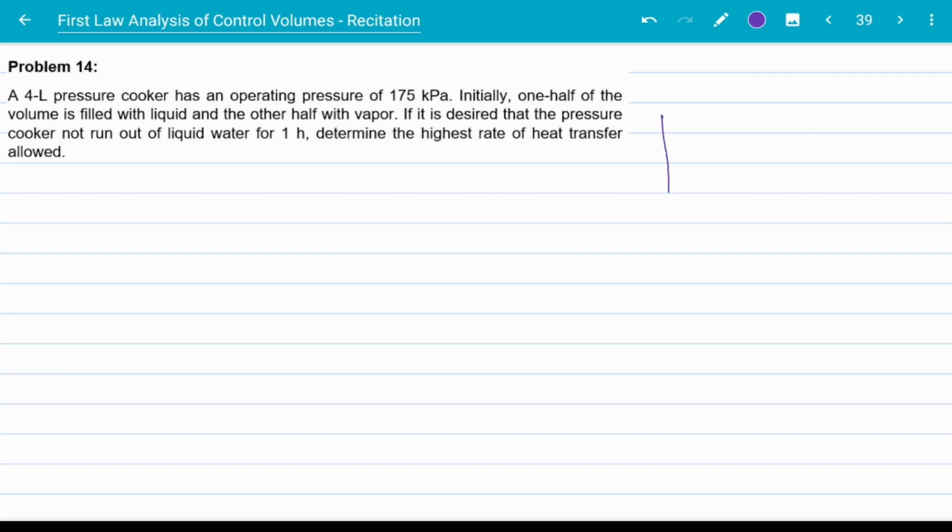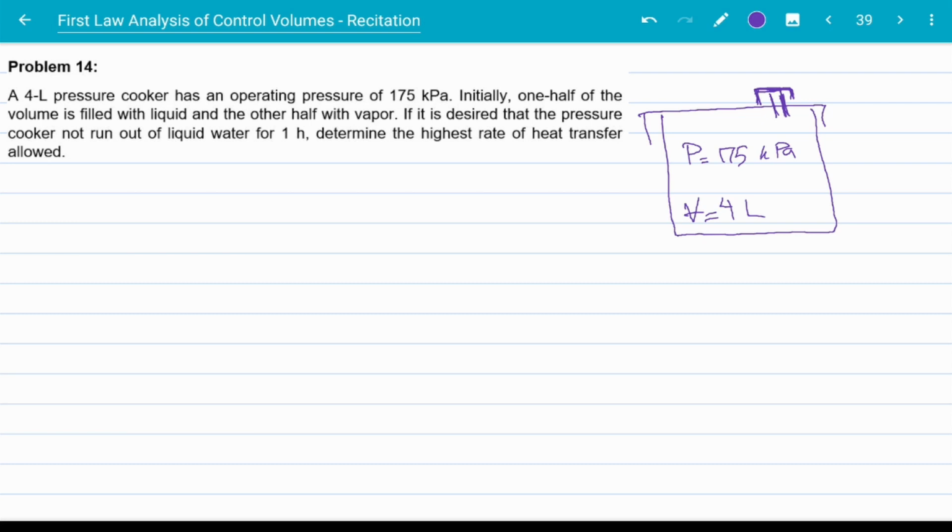So this is our cooker. This is the lid. We have a way here for steam to escape when the pressure inside exceeds 175 kilopascals. So the pressure inside is always 175 kilopascals. And the total volume is 4 liters.